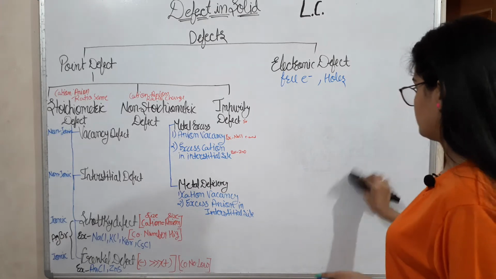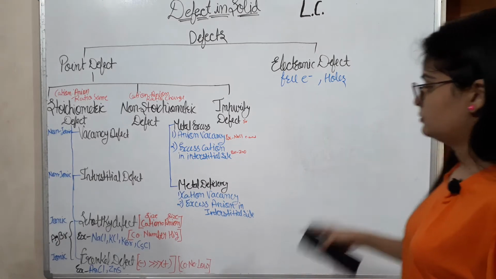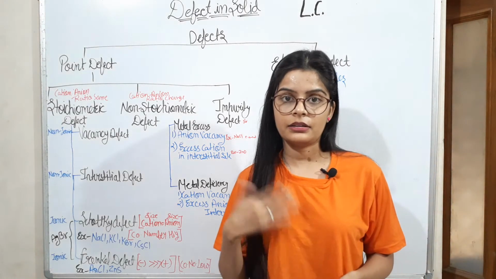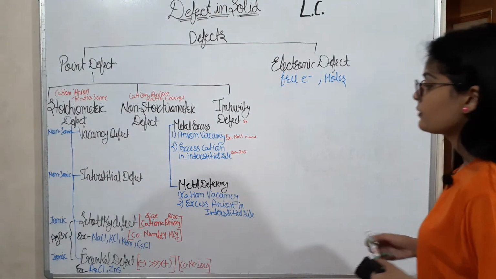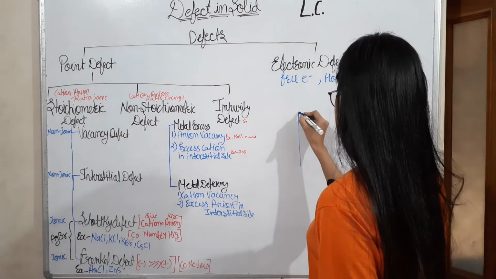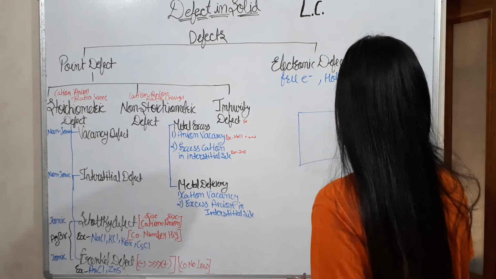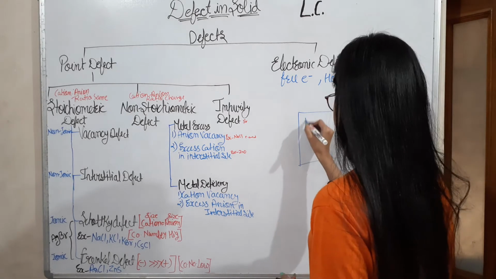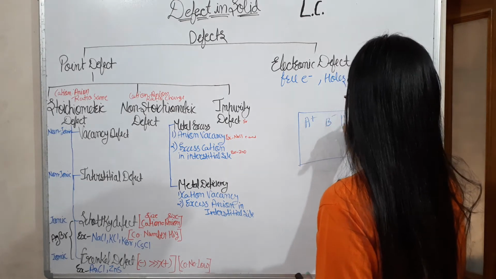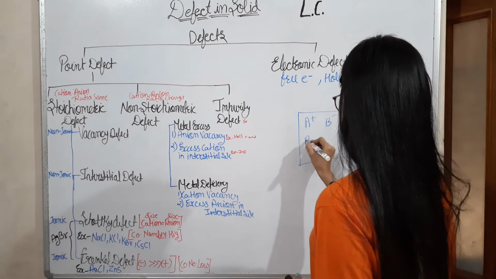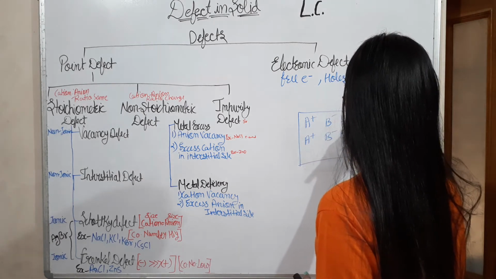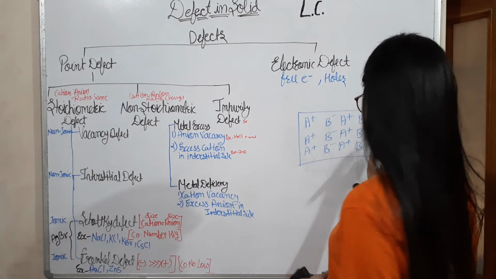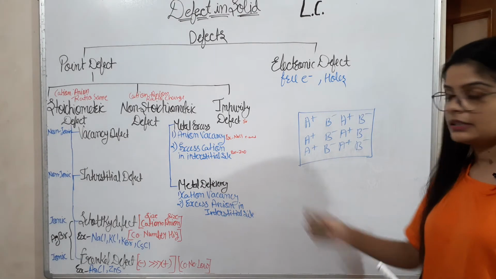In this way the metal excess defect can be formed. Same like this for metal deficiency. Metal deficiency means the cation should be less and the anion should be more. So here we take an example like AB, A for cation and B for anion. Like this, cation vacancy.